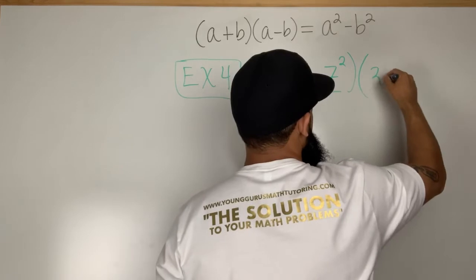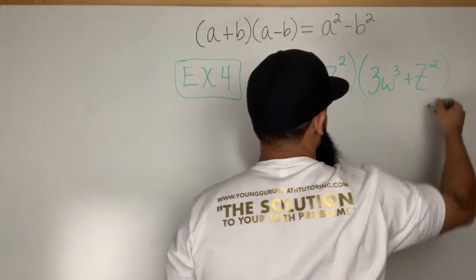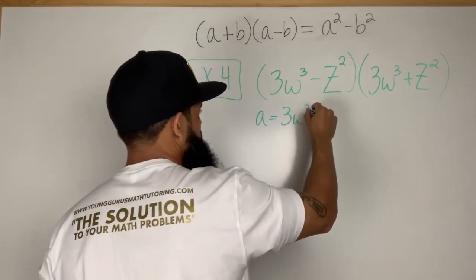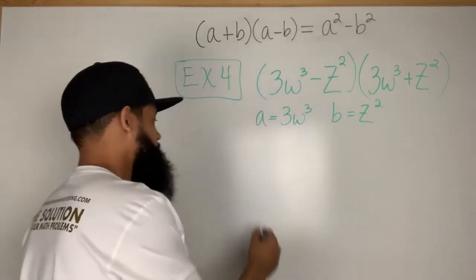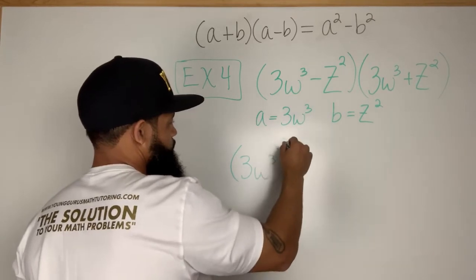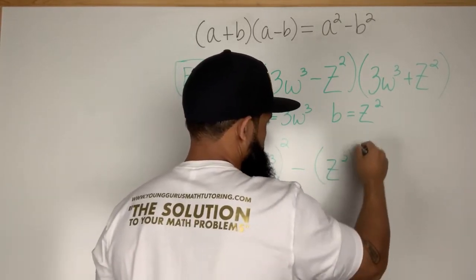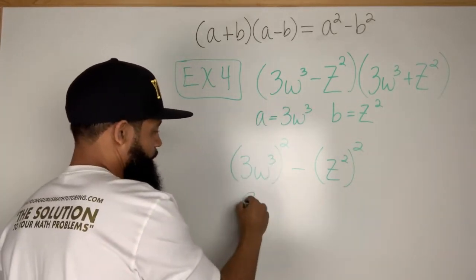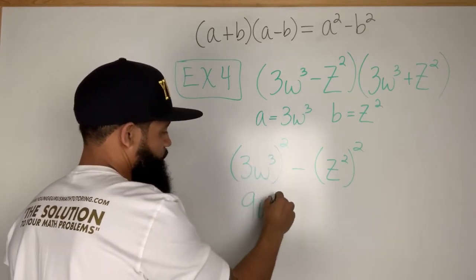All right, 3w cubed plus z squared. Okay? A in this case is 3w to the third power. B is z squared. Same process. 3w to the third power squared minus z squared squared. 3 to the second power is 9. w to the third taken to the second power is w to the sixth.